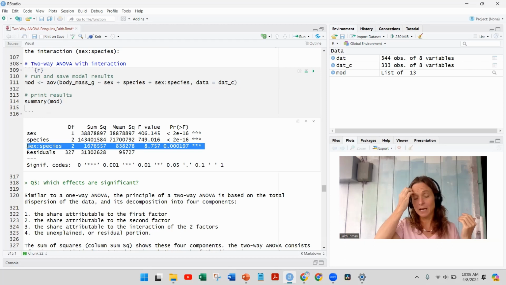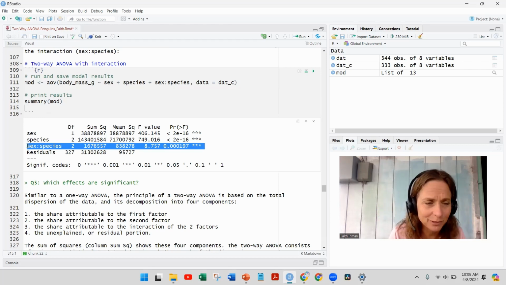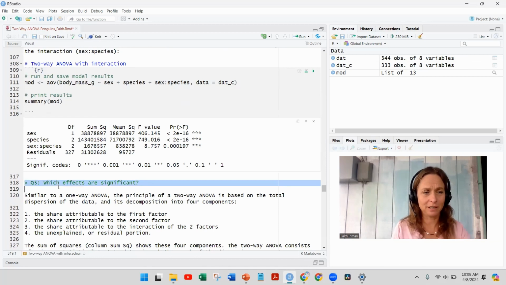But it might be that they are a male of one species and a male of another species. But whether or not those males of two different species are different depends on which species it is. Some males and females of this different species are the same. You'll see the graph. It'll make more sense. Okay. So which effects are significant?